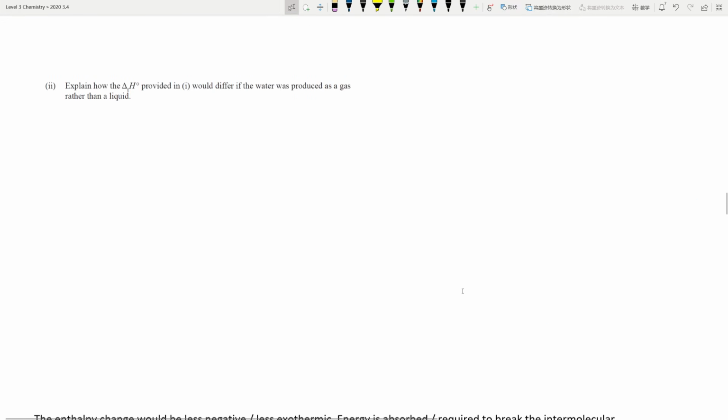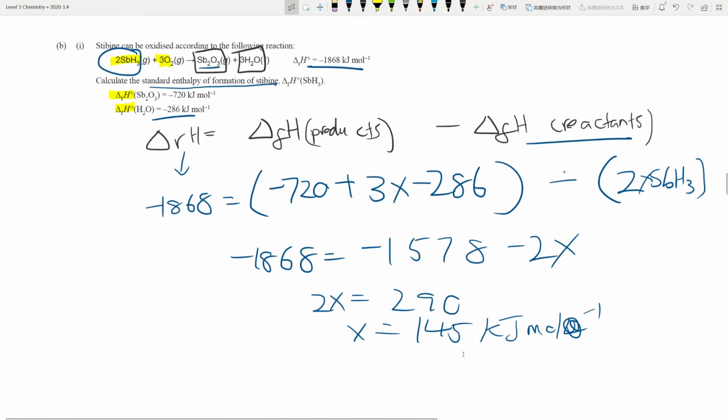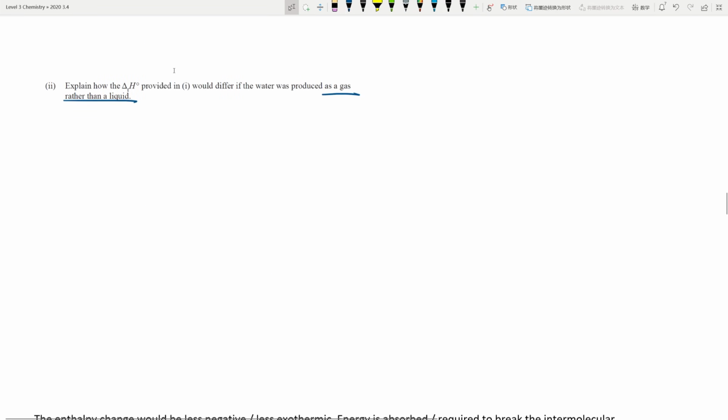Next one: explain how the enthalpy of reaction would differ if the water produced were a gas rather than a liquid. Let's come back up here. We can see that you made a liquid, and they're simply asking what happens if, instead of making a liquid, you make a gas.